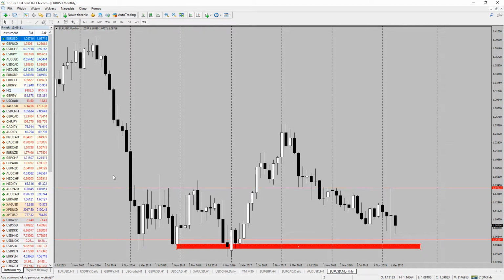Overall, in my opinion, it's still bearish, medium to long term. So let's see what has to happen to cancel the bearish view. To cancel the bearish view and start some kind of consolidation, I would say we have to get back and close above this month's open or this month's high.